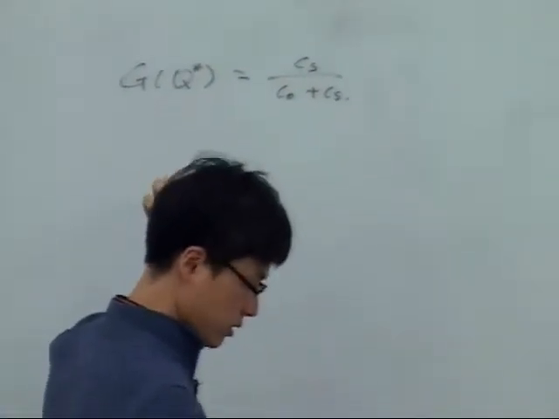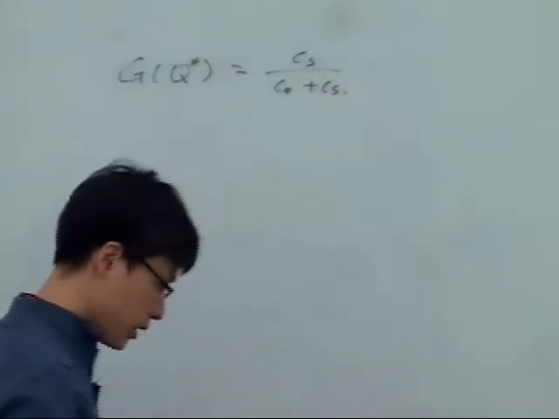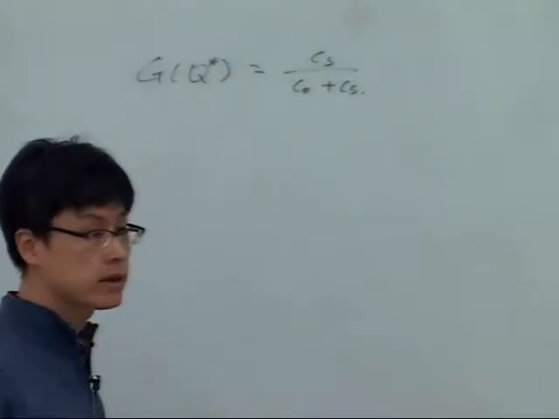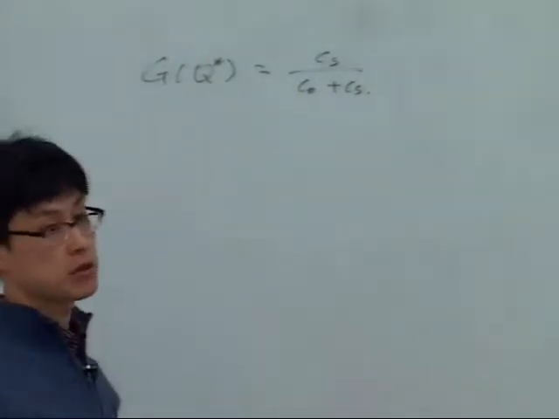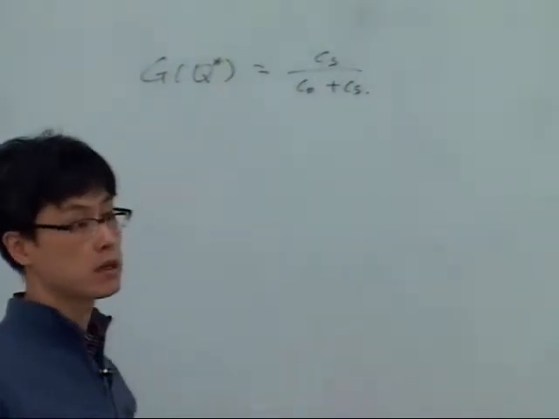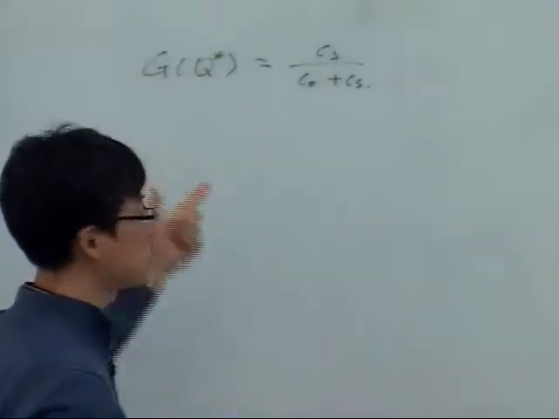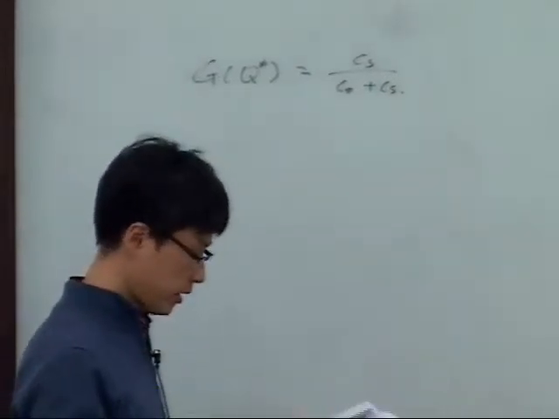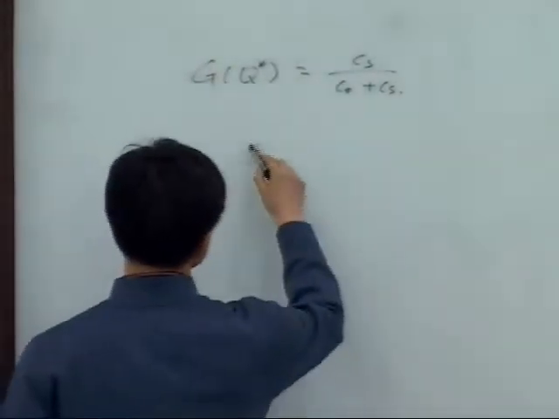What is G? It is a cumulative distribution function. So this is not exactly the cost value itself. It's a probability, a cumulative probability. Based on this, you have to derive the actual Q star value.